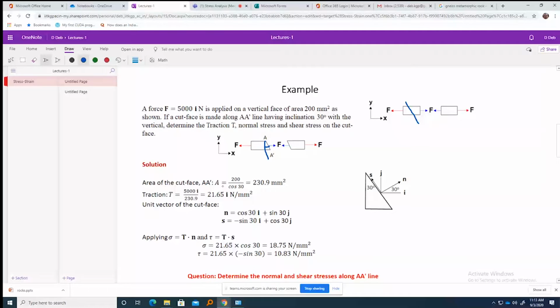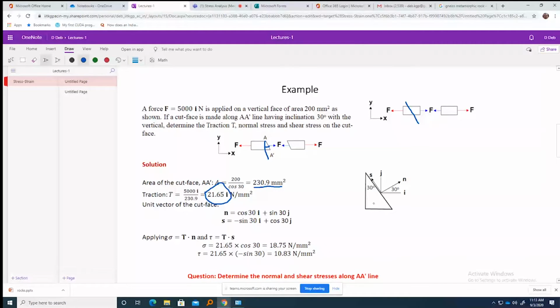the area will become 200 by cos 30 for the A dash area. So this is my new area. The force remains the same because this is the force acting on F. So my new traction will be this, and the previous traction was 5000 divided by 200 Newton per millimeter square, and now the traction changes to this.